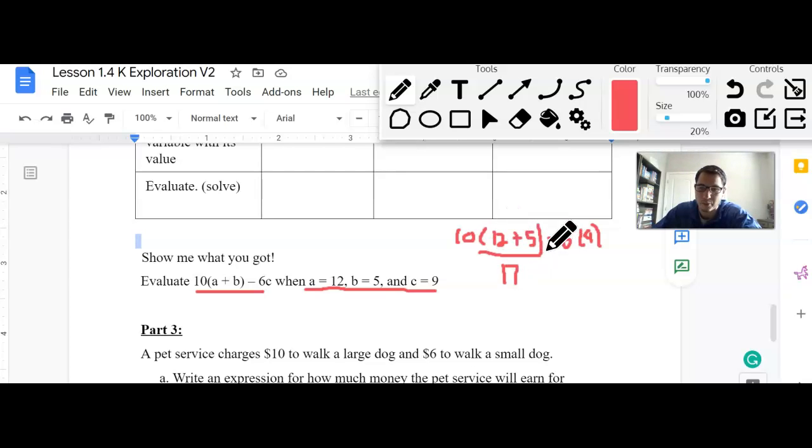Now everything's done in the parentheses, so we do not need the parentheses anymore, but it's 10 times those parentheses, so this is now going to be 10 times 17 minus 6 times 9. All right, 10 times 17 is going to be our next thing because we have no more parentheses. This parentheses here is just representing multiplication.